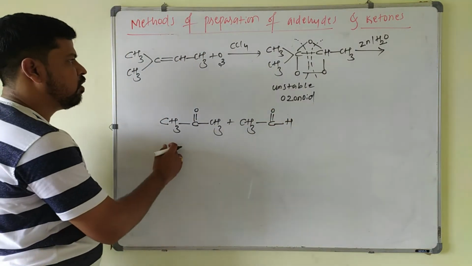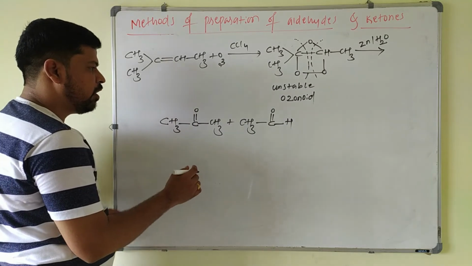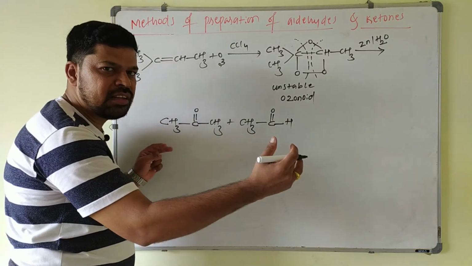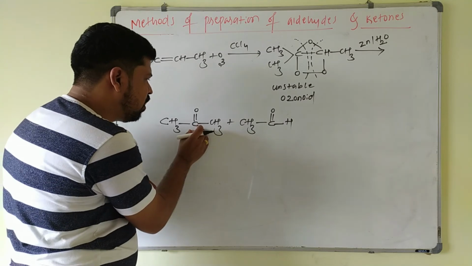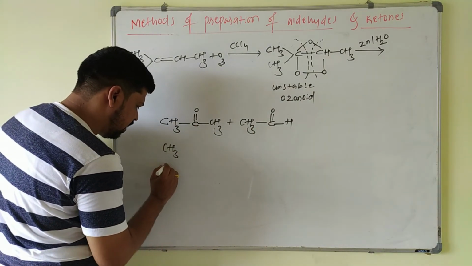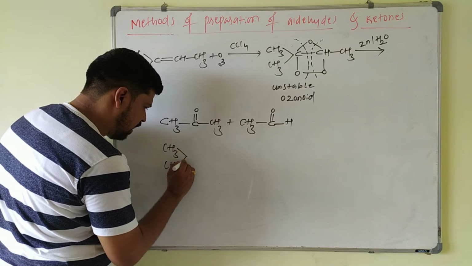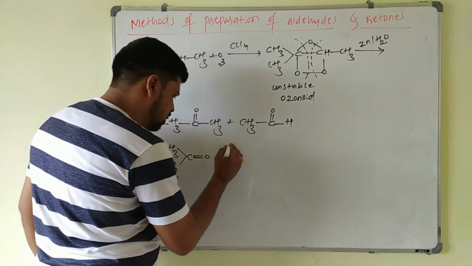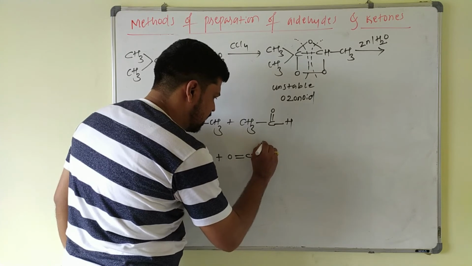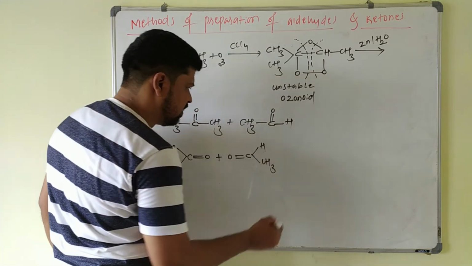If you want to find out the position of the double bond in this alkene, the products of ozonolysis of this alkene must be written such that their carbonyl groups face each other. So if I take this ketone, I will write it like this, double bond oxygen, plus this will be C double bond O, one side H is there and another side CH3 is there.